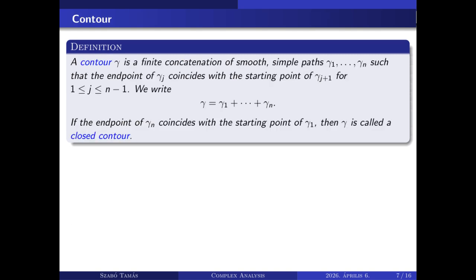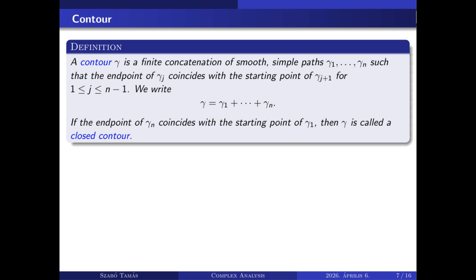A contour gamma is a finite concatenation of smooth, simple paths gamma 1 up to gamma n, such that the endpoint of gamma j coincides with the starting point of gamma j plus 1, for j from 1 up to n minus 1. We write gamma equals gamma 1 plus dots plus gamma n.